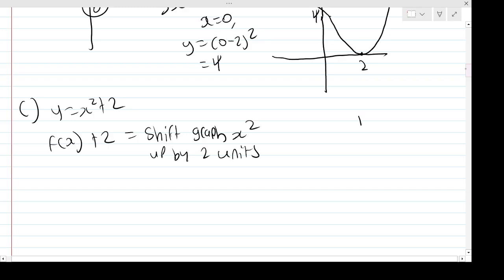Cool. So then that graph would look like this. Remember this graph x squared is 2 units up. So instead of passing through the origin, it's going to pass through 2 here. Okay, and that'd be the new turning point. Cool. There we are. Great.